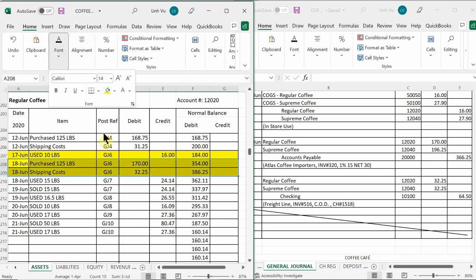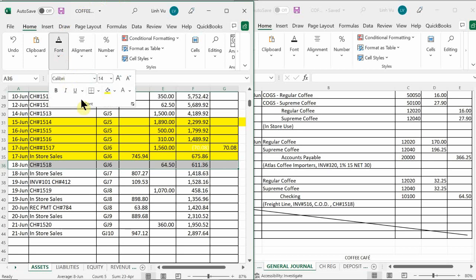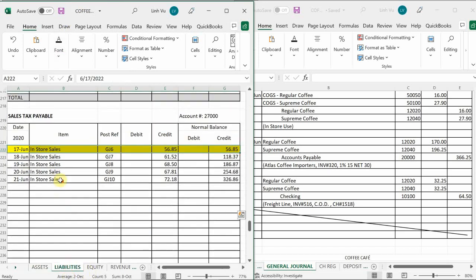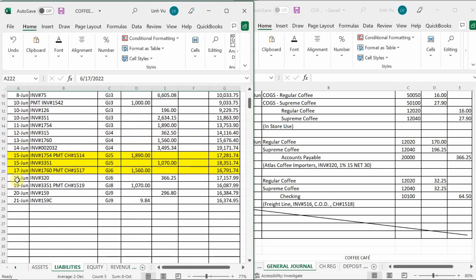So it's there. We also had to pay for shipping for $64.50. So here it is. And we also received the coffee and placed it on an account for the $366.25 right here.